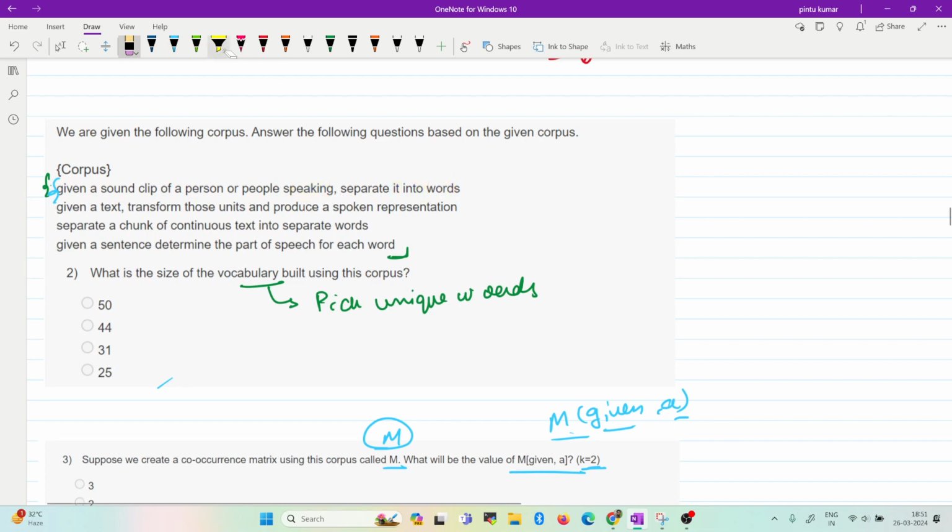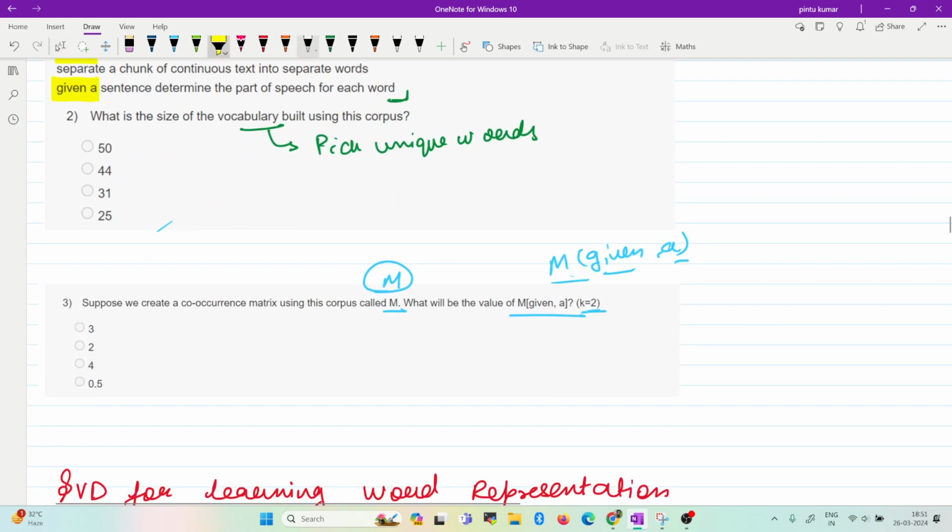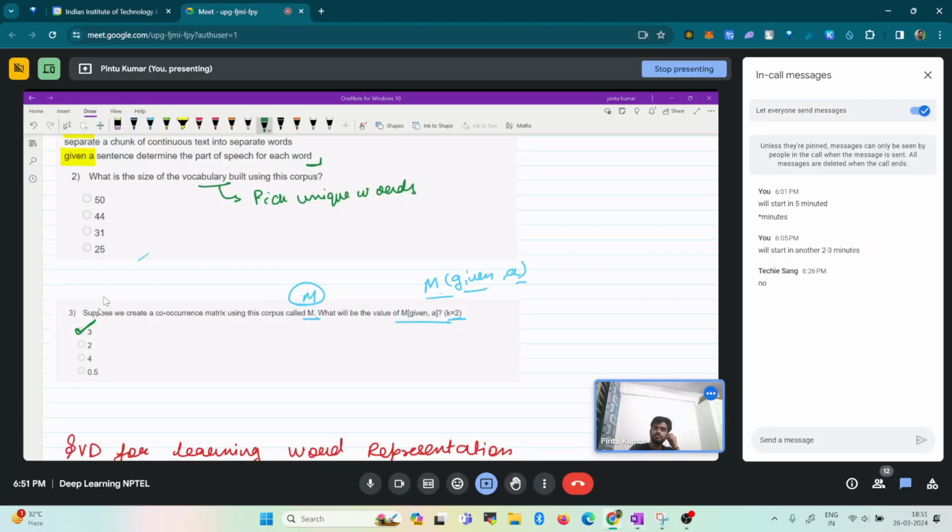This is one window of length 2 where given and A occur together. This is another. This is another. I don't see given anywhere else. So these are only the three instances. In the co-occurrence matrix, that particular value would be 3. Any doubt till this point?